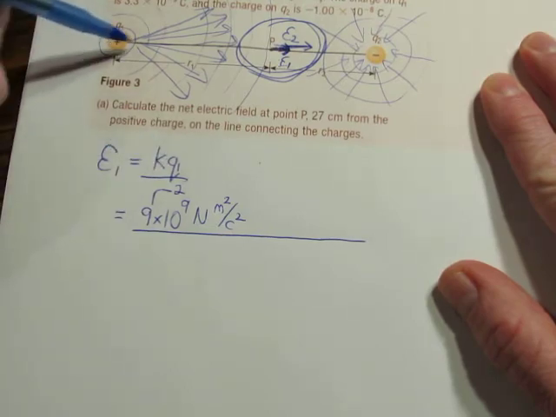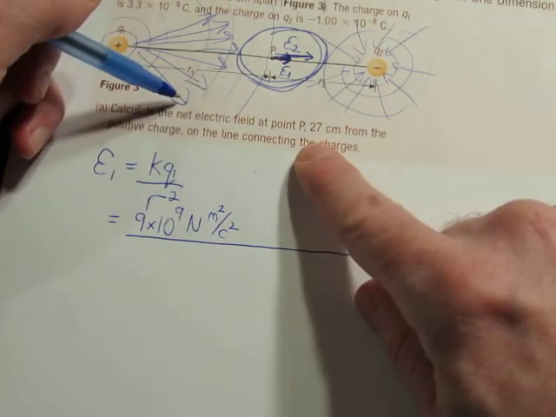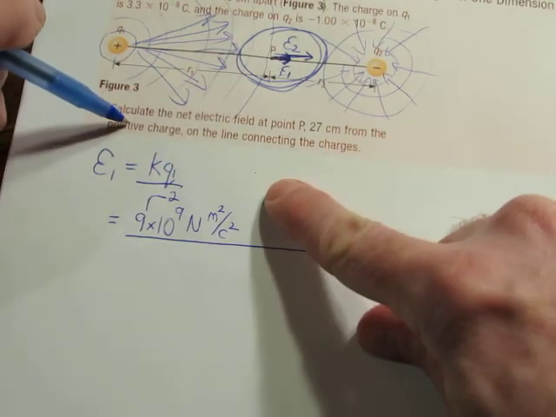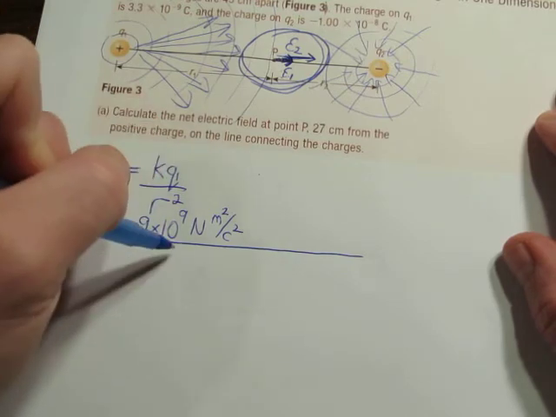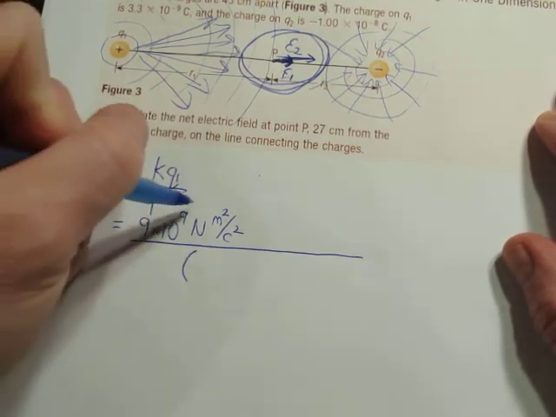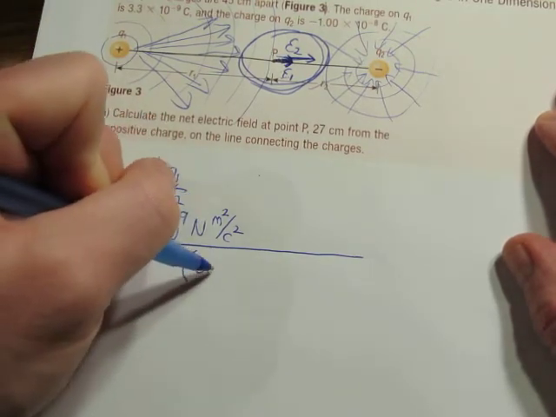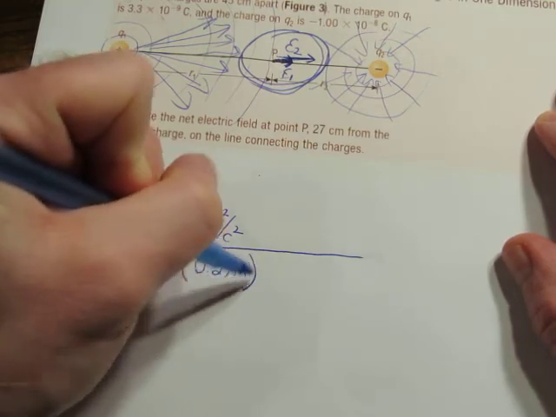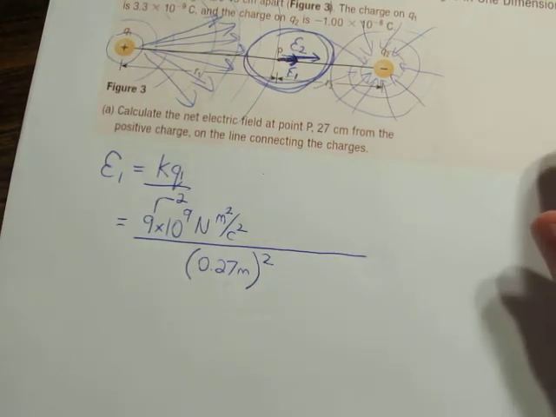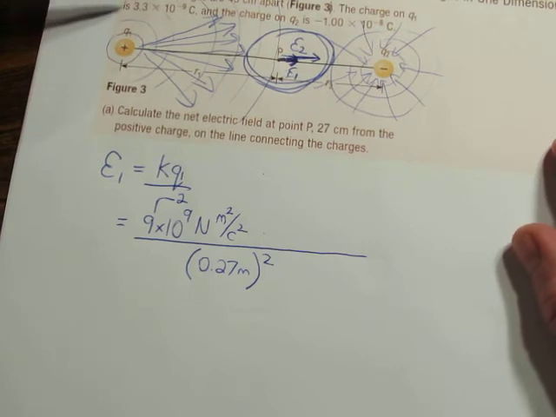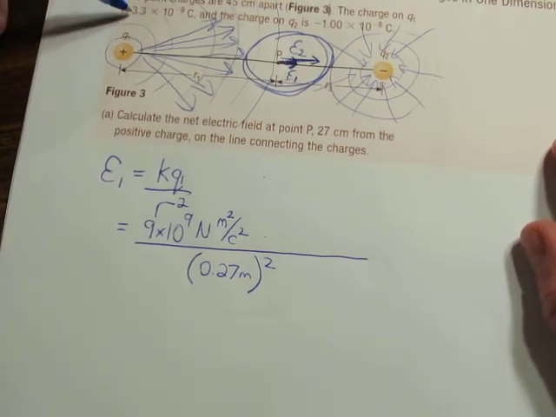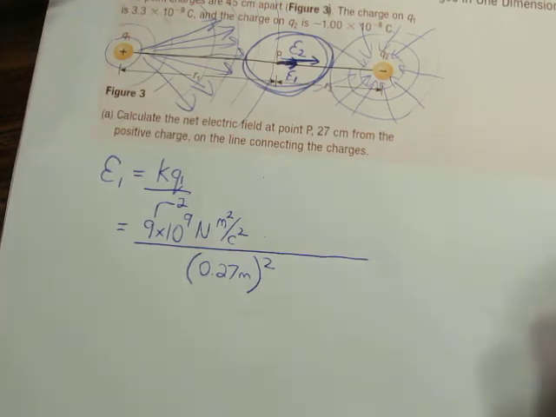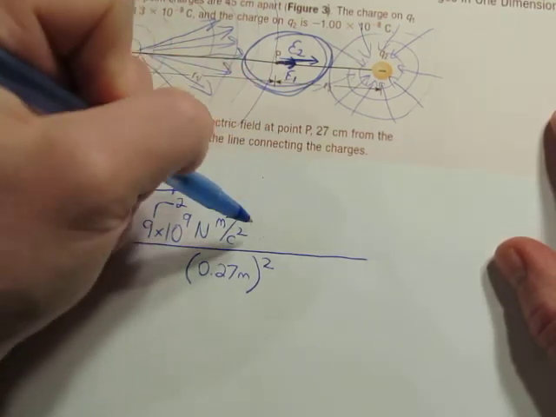The distance to that charge, you'll have to read the question. It said 27 centimeters from the positive charge. So yes, this distance is 27 centimeters. But we have to remember to convert it to meters, 0.27 meters, and that has to be squared. And the charge itself, 3.3 times 10 to the negative 9, and it's positive, but you don't put signs in the formulas when you actually do it.